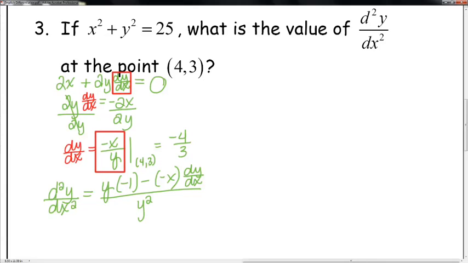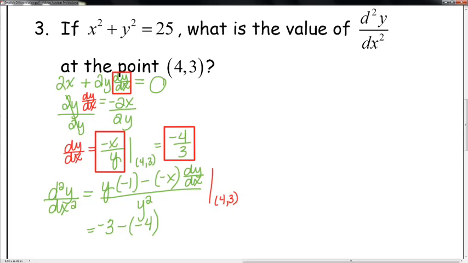And again, we're going to evaluate this at (4, 3). So let's go ahead and plug in these points. This will be equal to, well, y is 3, so negative 1 times 3 gives me negative 3, minus, well, negative x will be negative 4 times the derivative of y with respect to x. We found that up here, that was our negative 4 over 3.